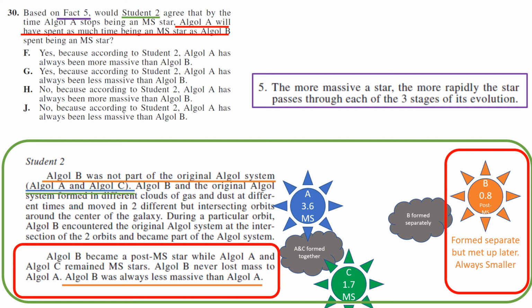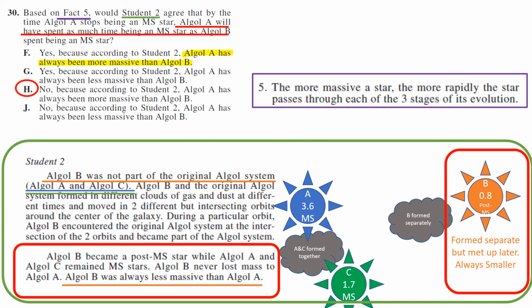Fact 5 says the more massive the star, the more rapidly it passes through each of the 3 stages of its evolution. So Algol A will not have spent as much time as B, because the more massive, the faster it goes. Even if you didn't rationalize the answer, you could say that choice F, A has always been less massive than B, is wrong, because that's not what it says in the reading.